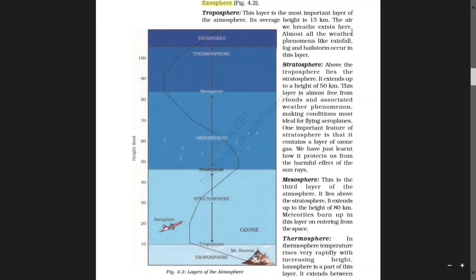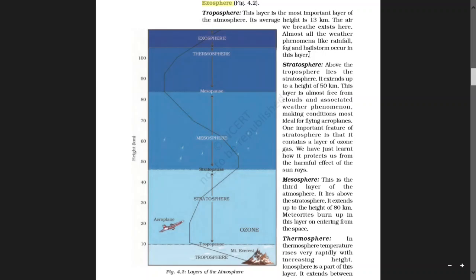Almost all the weather phenomena like rainfall, fog and hailstorm occur in this layer. So in none of the other layers do these weather phenomena occur. Okay, phenomena means an effect or situation that is observed to exist or happen.